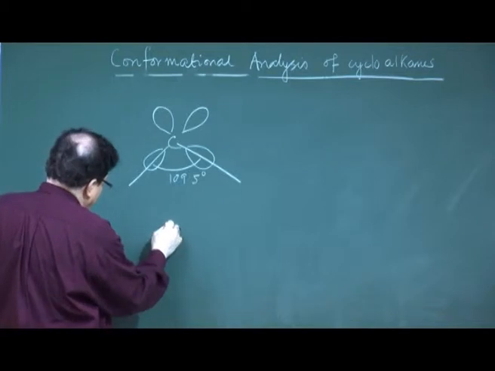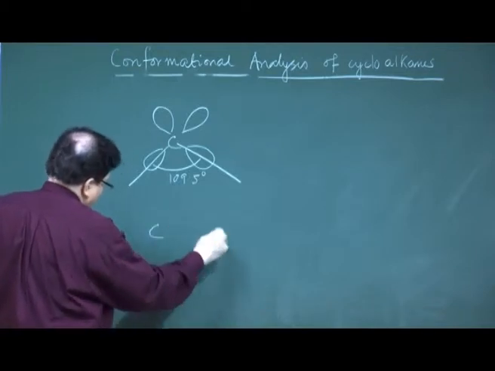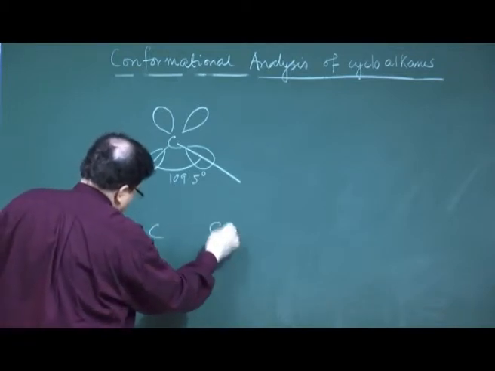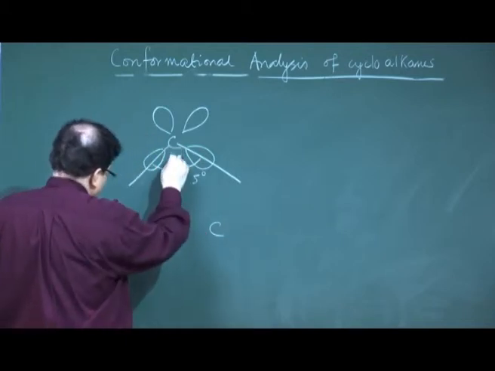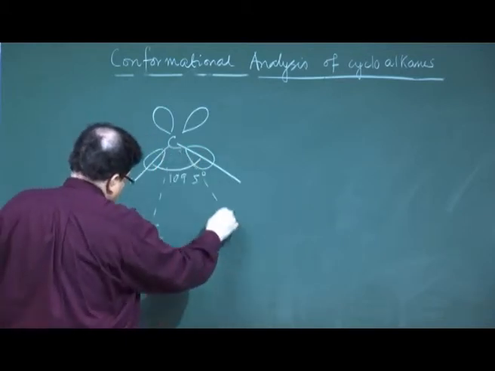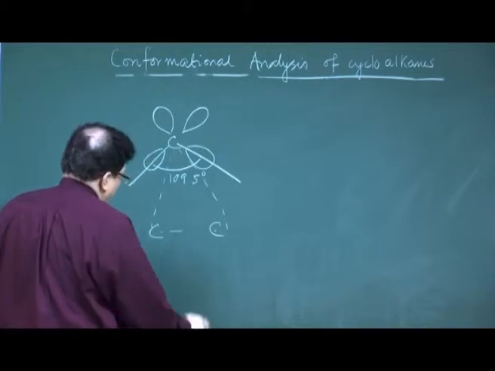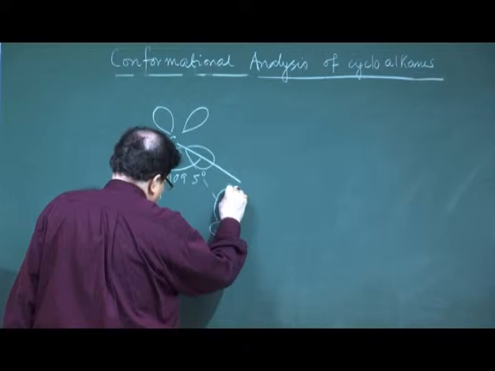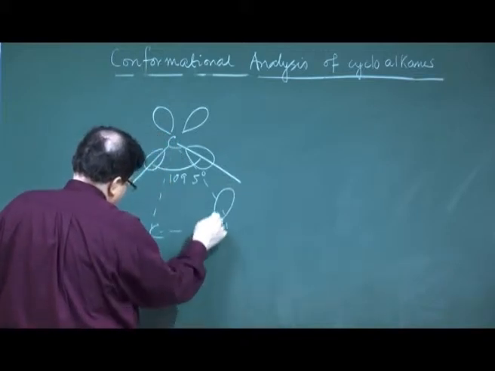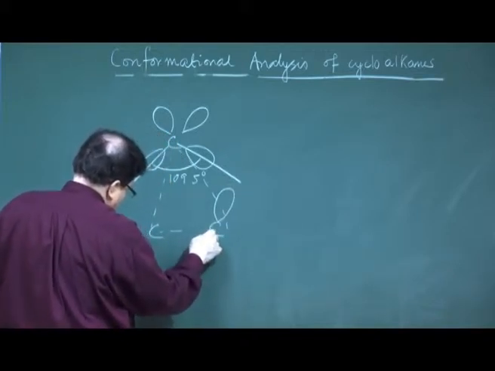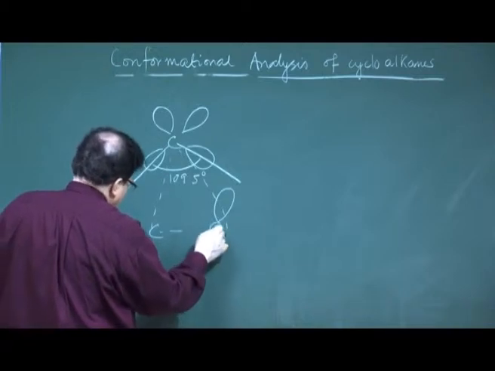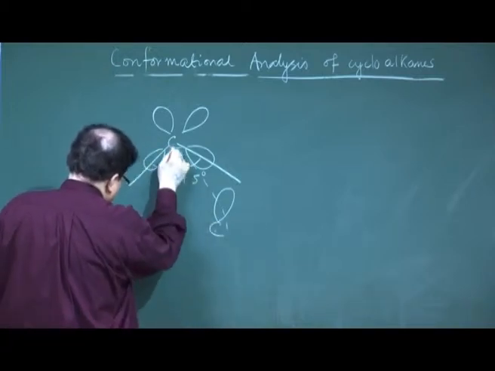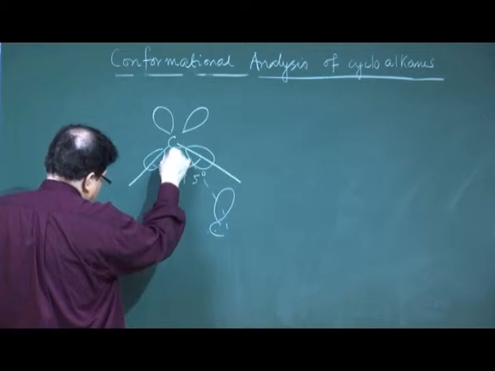Now, if you write another carbon here, to make 2 carbons here to make the cyclopropane, what is happening now? This orbital is pointing towards this direction, and let us just concentrate on these 2 carbons, the connection of this carbon with that carbon.